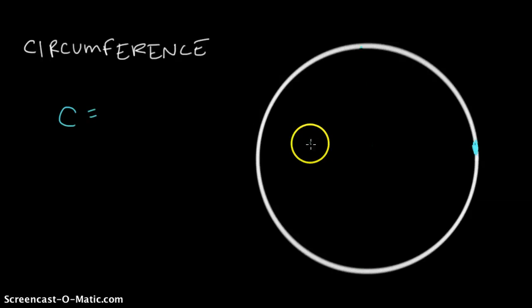Let's say you knew the area of this circle was 78.54. Now that's a weird number, but trust me, it makes sense. So let's say you knew that, again, the area is how many squares fit inside the circle. Let's say the area is 78.54.